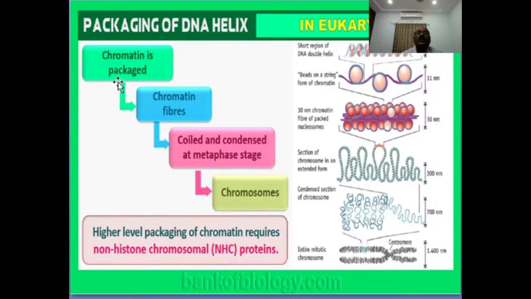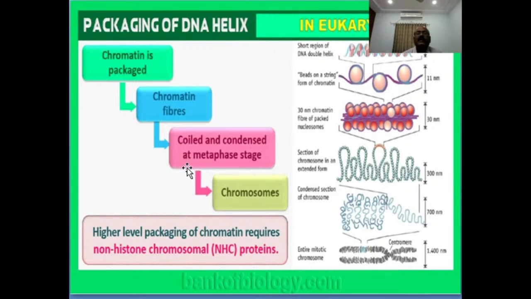So, chromatin is packed so that it forms chromatin fibers. The chromatin fiber is twisted, coiled and condensed at the metaphase stage, and this coiled condensed structure is compactly packed together and forms chromosomes.